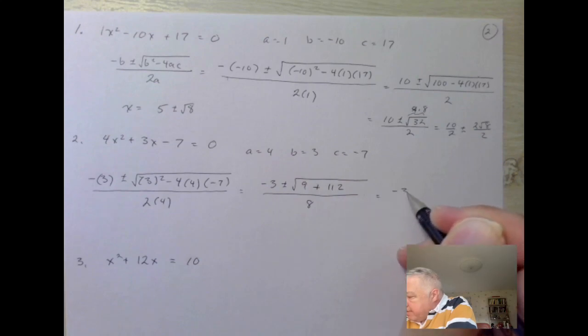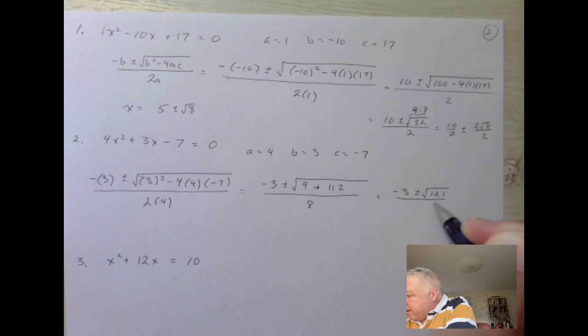And then this is negative 3 plus or minus the square root of 121 over 8.